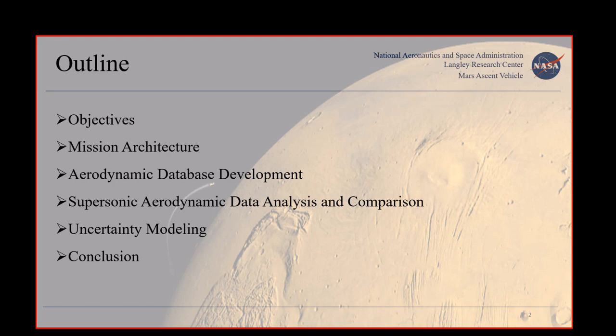Then we will compare some supersonic static aerodynamic data between the wind tunnel and the CFD study, followed by the requantification of the uncertainties that we carry from these comparisons and how we incorporate these uncertainties into flight trajectory analysis, into post-2 descents or whatever other flight simulation models. And final conclusion.